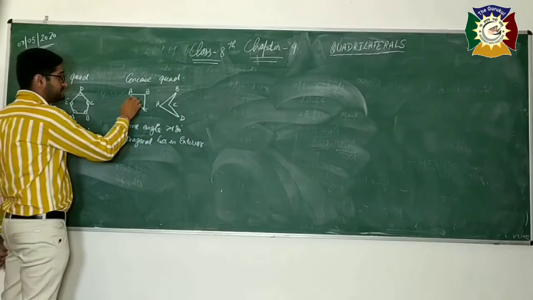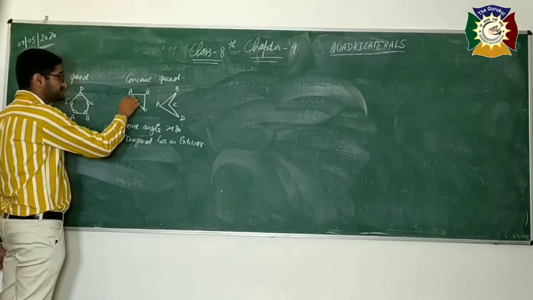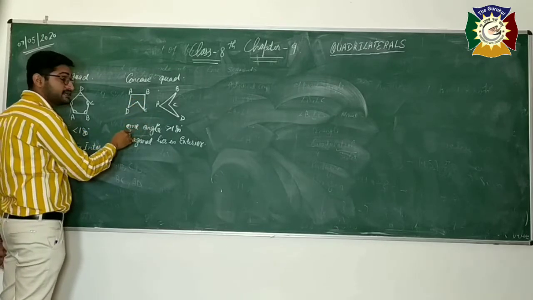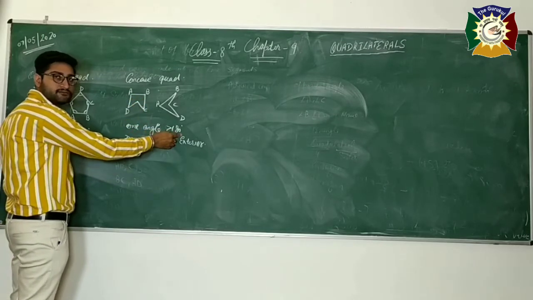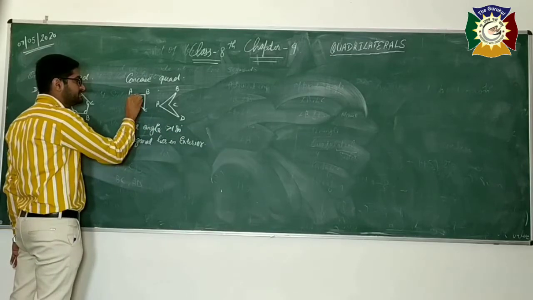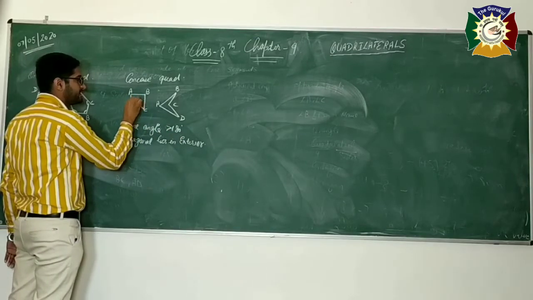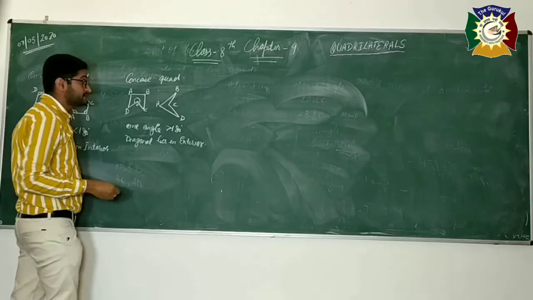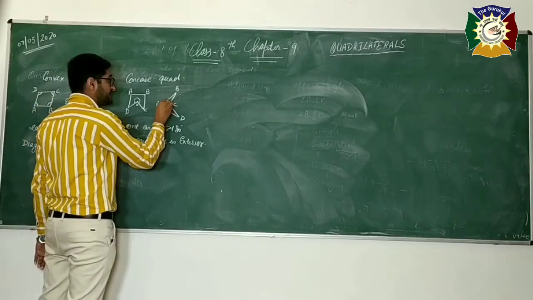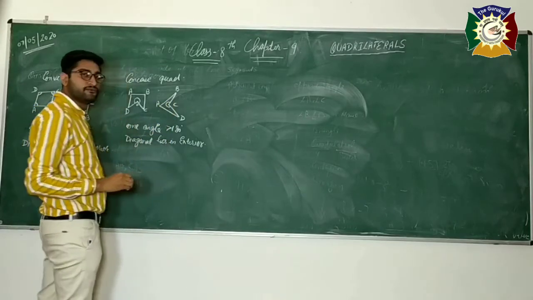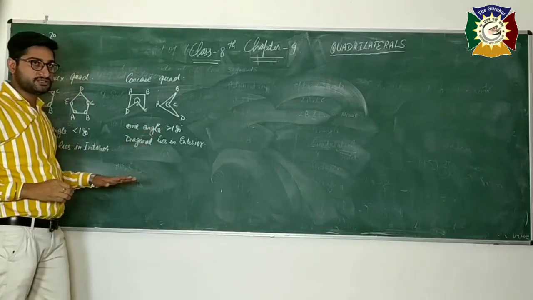Here, these angles are less than 180, but the condition is that one angle is greater than 180. So you can see this angle is greater than 180. Here you can see this angle is greater than 180. So this is the first condition.